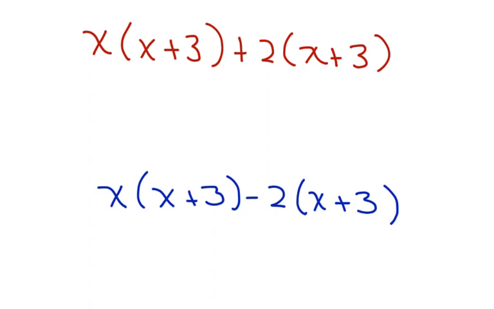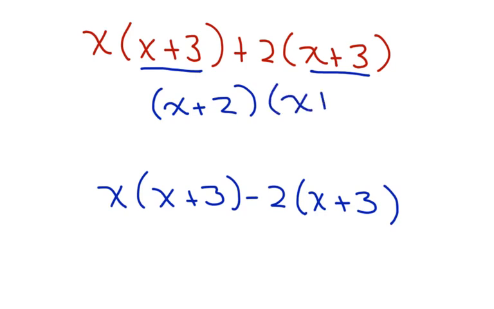If you see an expression where the quantities here, the binomials, are exactly the same, you can combine this into two binomials as x plus 2 times x plus 3.